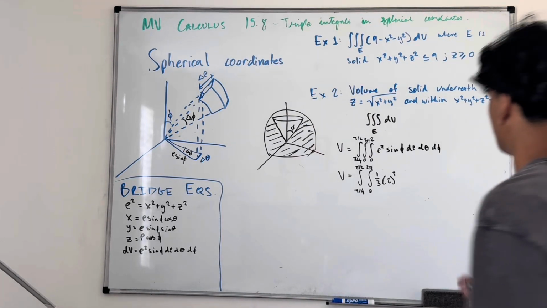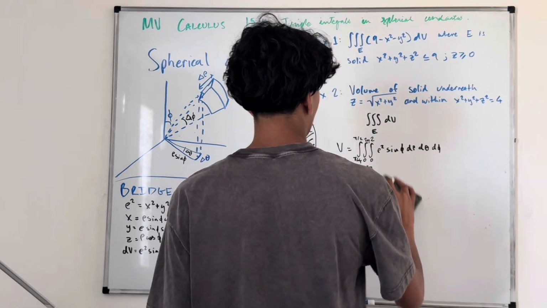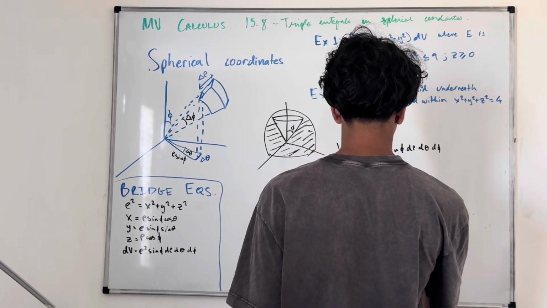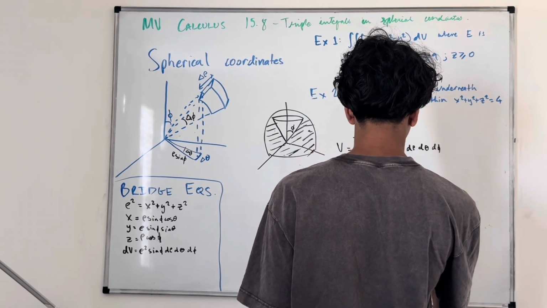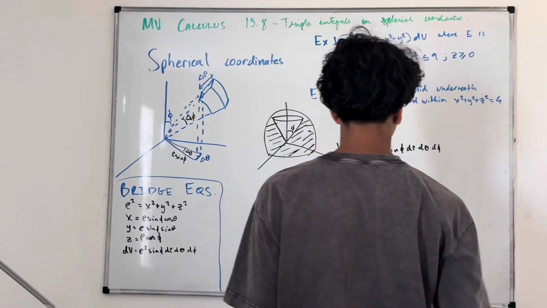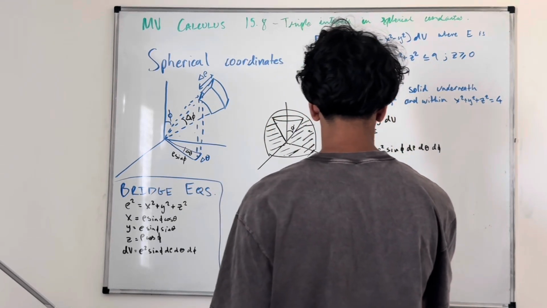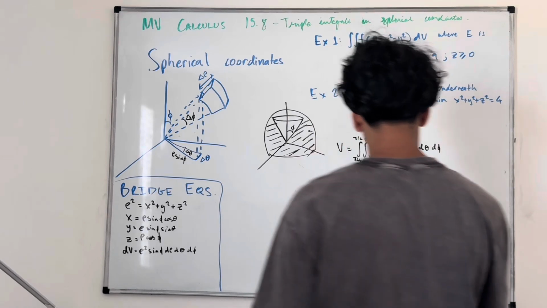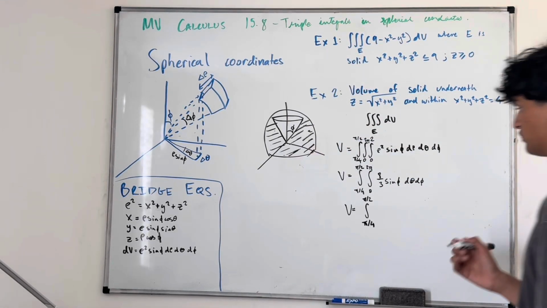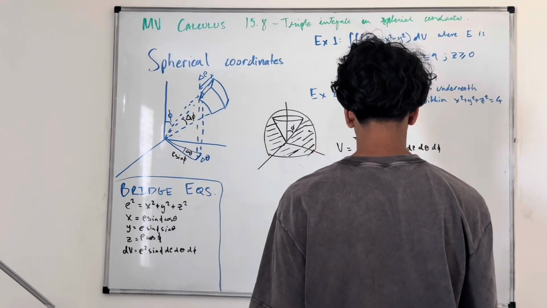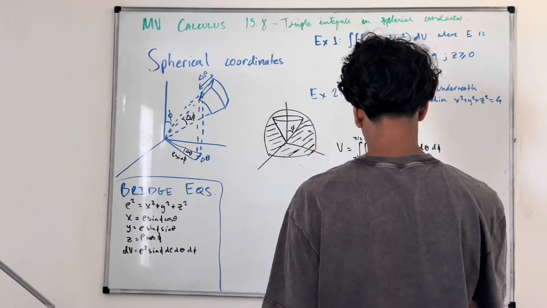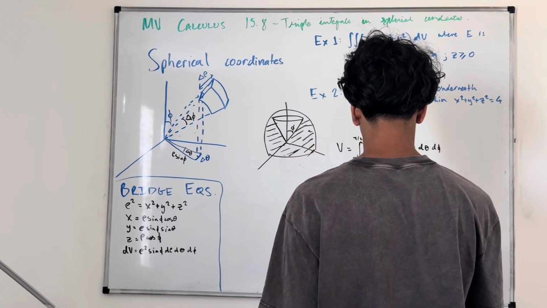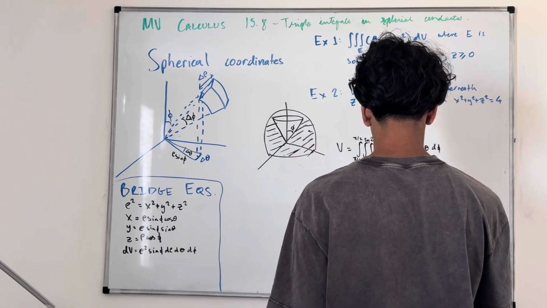So this becomes 8/3 sine phi d theta d phi. The volume is going to equal the integral from pi over 2 to pi over 4. There's no theta in this equation, so it's just multiplying by 2 pi. So I get 16 pi over 3 times sine phi d phi.